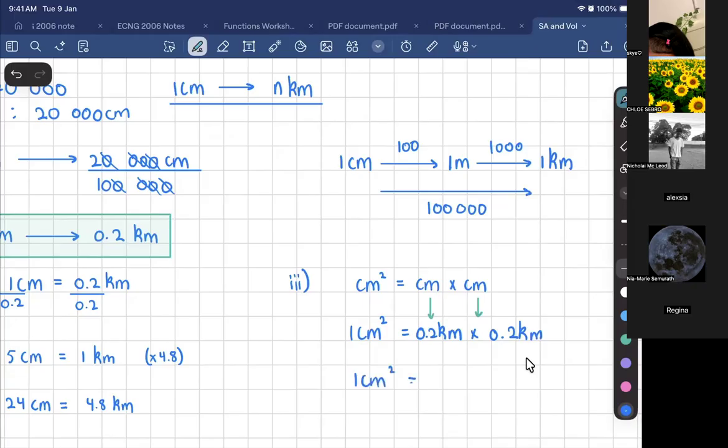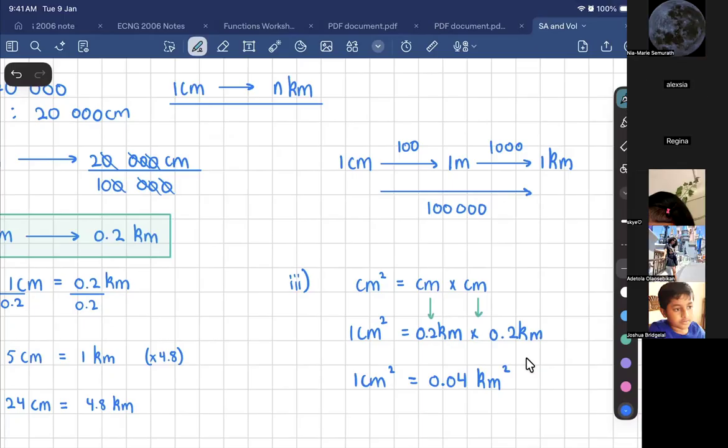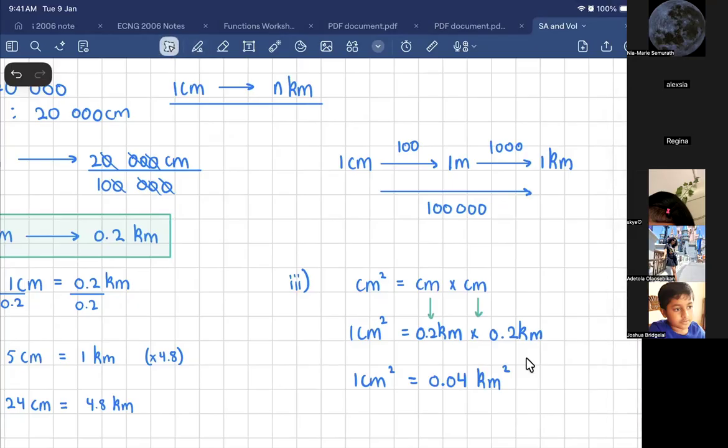What is 0.2 by 0.2? 0.04. And where's kilometer by kilometer? Kilometers squared. So what have we just done? We now know that 1 centimeter squared is equivalent to how much area in kilometer squared?